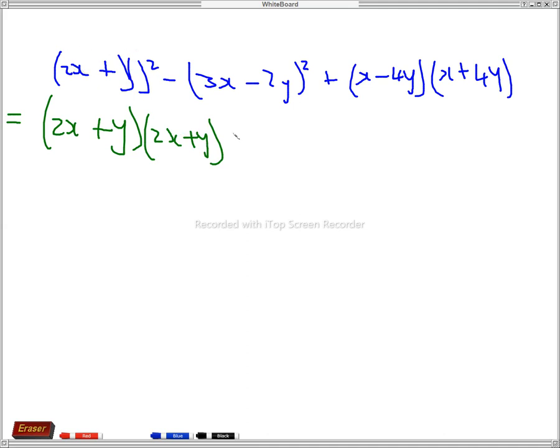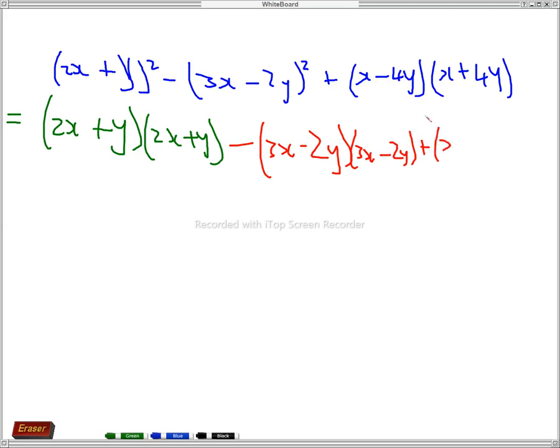For the second one, I'm using a red marker when I'm expanding. It's going to be 3x minus 2y, 3x minus 2y, plus this thing as it is. You just write it as it is.